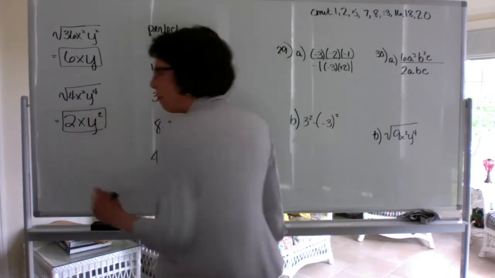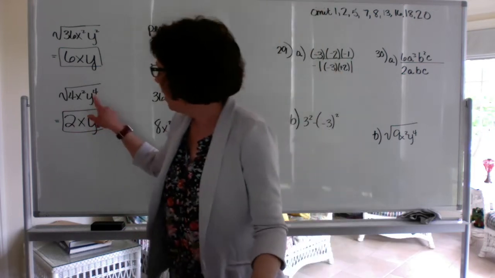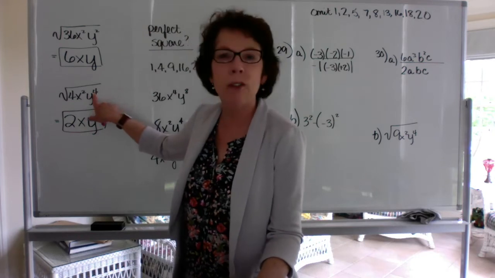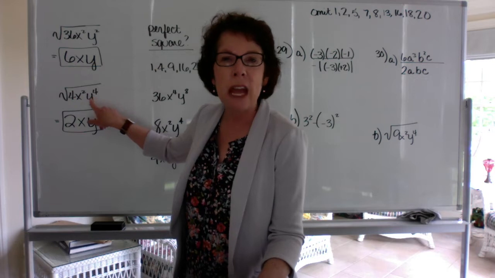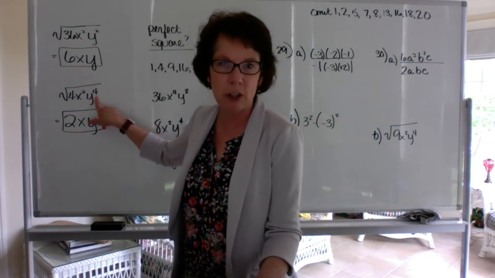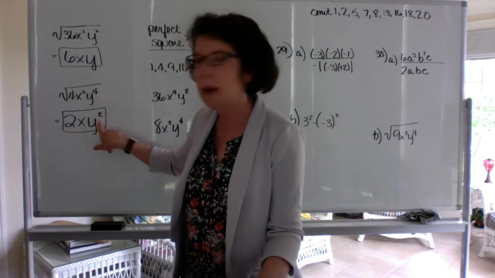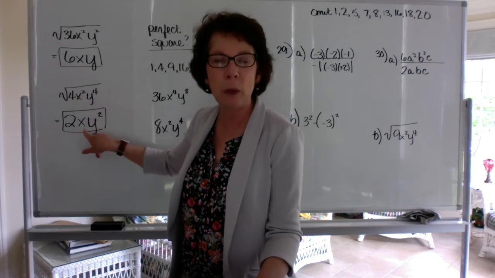Now, there's a little special pattern here that makes this easy. When I'm taking the square root of a variable term raised to a power, I simply divide the exponent by 2. 4 divided by 2 gives me y squared. X squared, 2 divided by 2, gives me 1x.